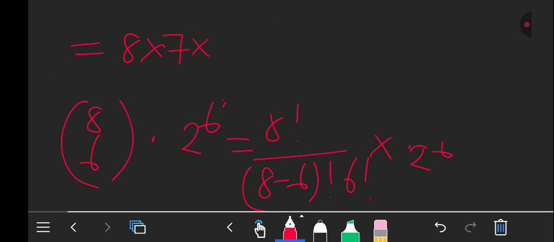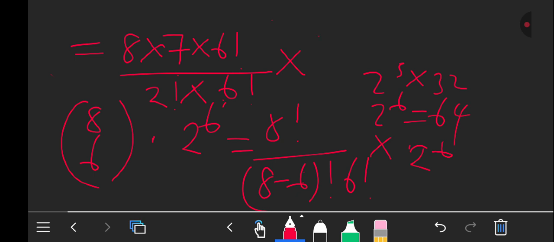I'll end on 6 because I have 6 factorial there, so I'll end on 6 factorial so that it will cancel with what I have on the denominator. So 8 minus 6, that is a 2 factorial multiplied by a 6 factorial, then everything multiplied by 2 to the power 6. 2 to the power 5 is 32, then 2 to the power 6 will now be 32 times 2, so that is 64. So multiplied by 64 there. I've evaluated 2 to the power 6.